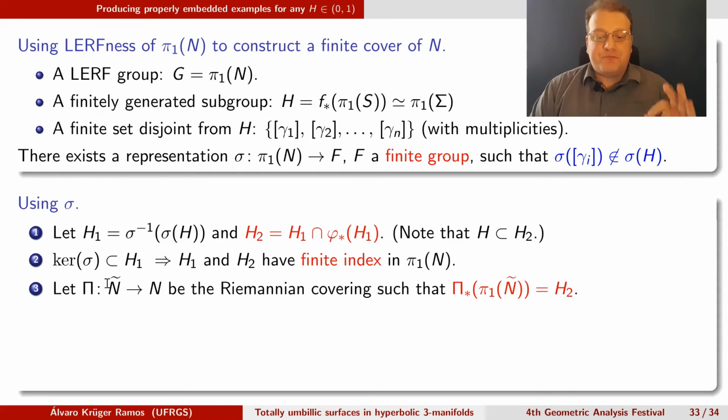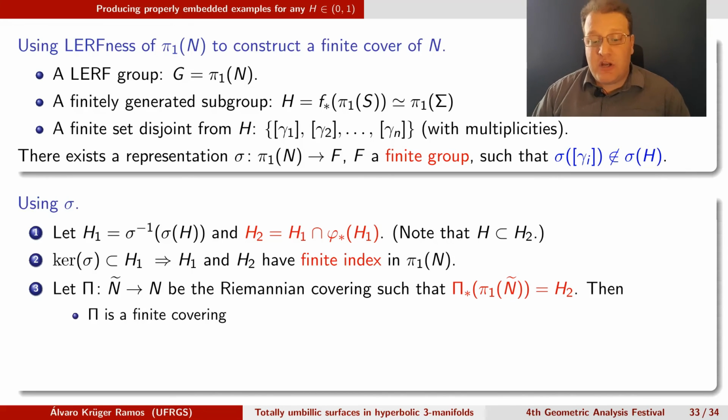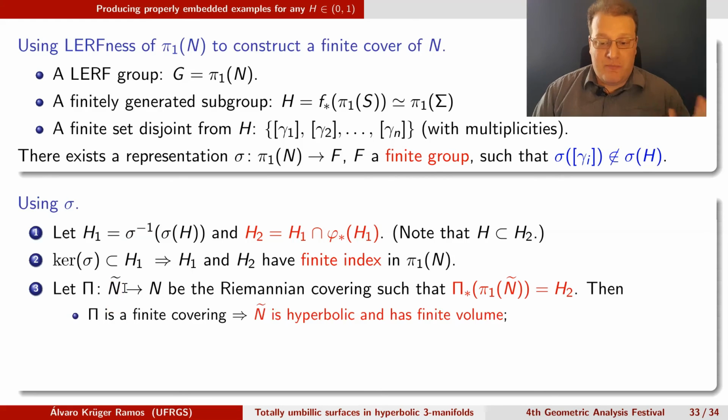We take this Riemannian covering such that pi star of pi1 of N tilde is exactly H2. And this is all we need, because first, pi is a finite covering because H2 has finite index. So N tilde is a hyperbolic 3-manifold of finite volume.